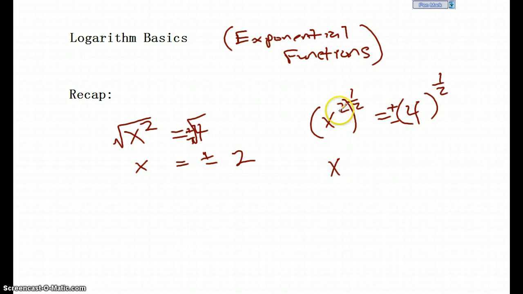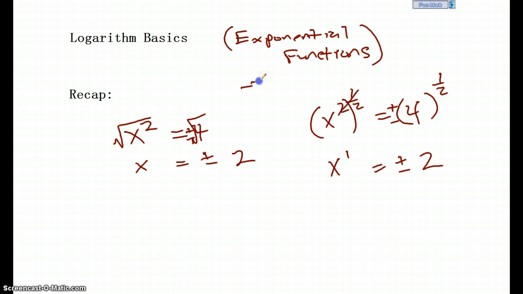So we know that by property of exponents 2 times 1/2 is 1, so we get x to the first equals plus or minus. And if you don't know how to do it, the alternative approach is to raise both sides to the 1/2 power, and when we do that, again, we got the plus or minus sign there because any even exponent allows us to have a positive or negative value.